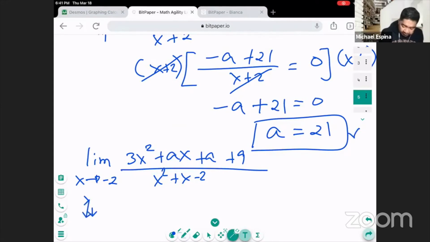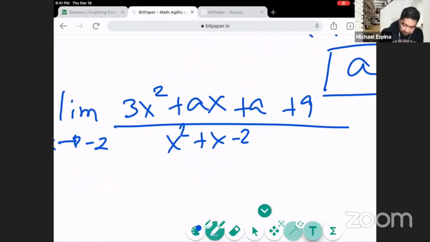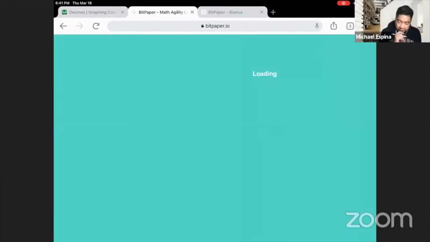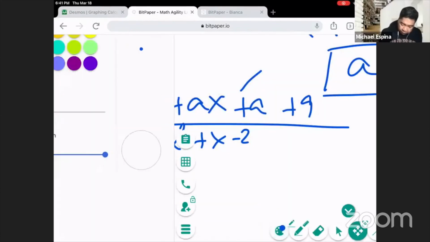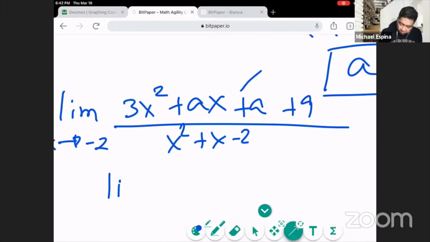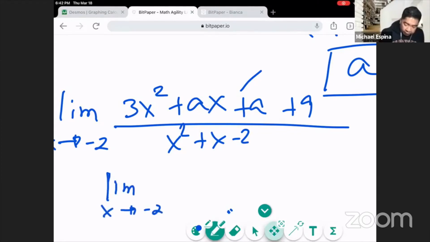So limit of x approaches negative 2 would be 3x squared plus 21x plus 21 plus 9.